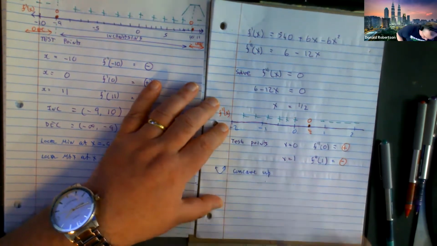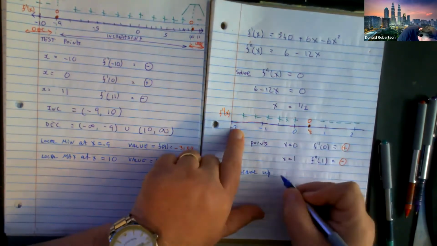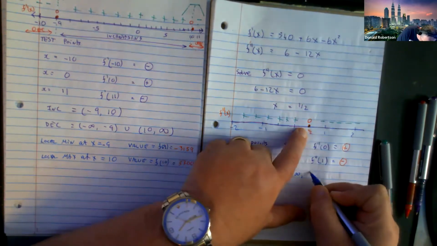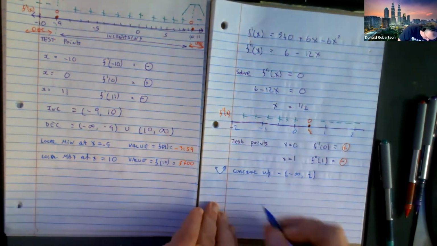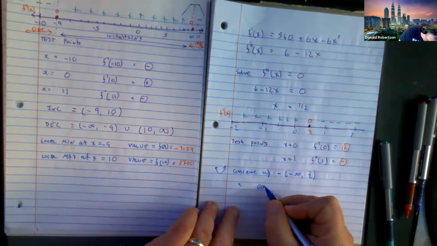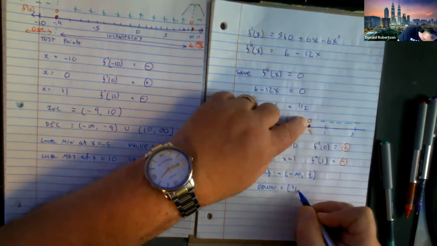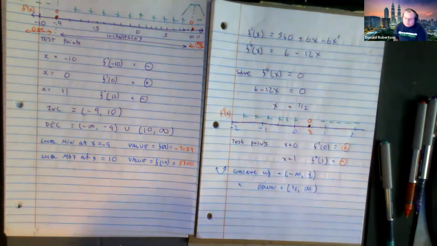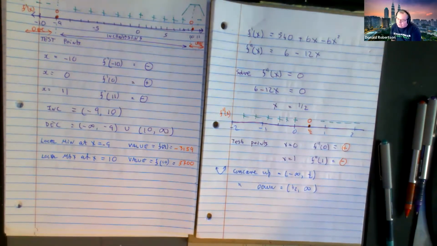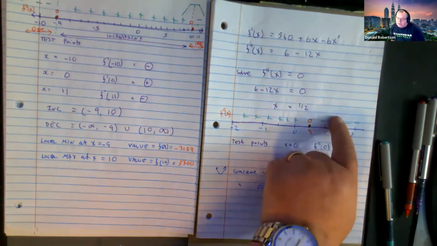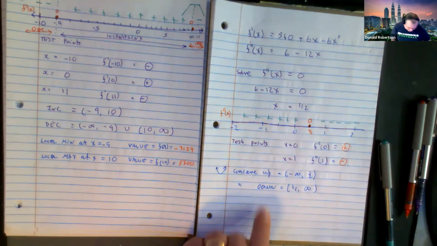It looks like a happy face, and it's concave up from -infinity all the way up to a half, and it's concave down all the way from 1/2 to infinity. So pluses mean concave up, negatives mean concave down.